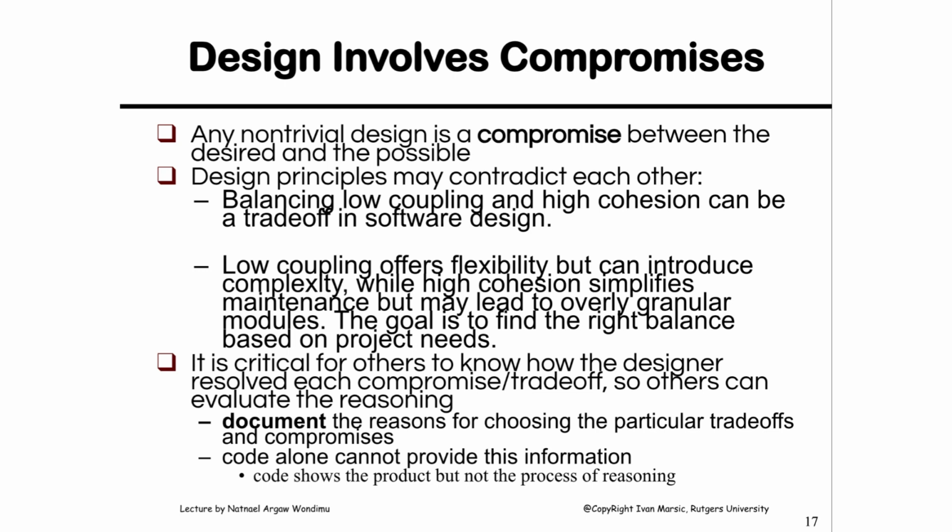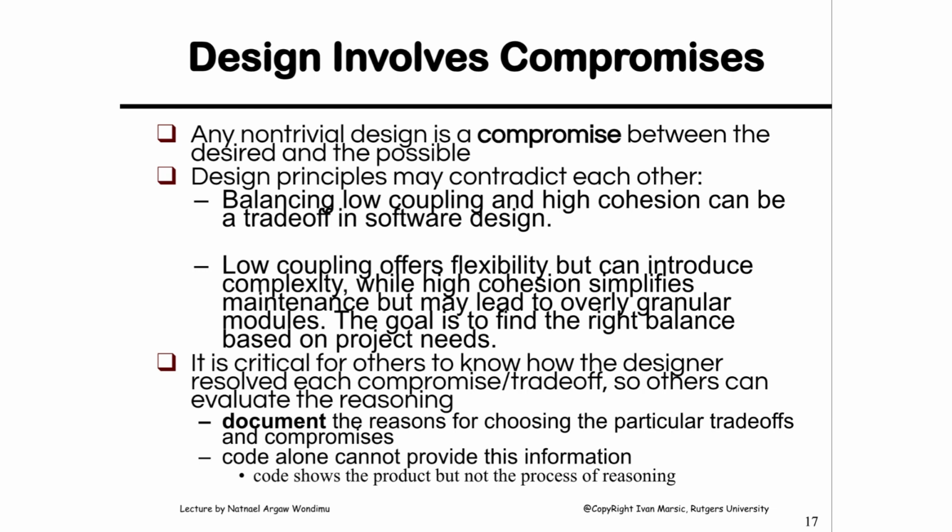The other one, low coupling, for instance, offers flexibility, right? If one of your modules has a low degree of relationship or interaction with other modules, then failure in other modules won't affect it. So in a way, it increases the flexibility of your system.